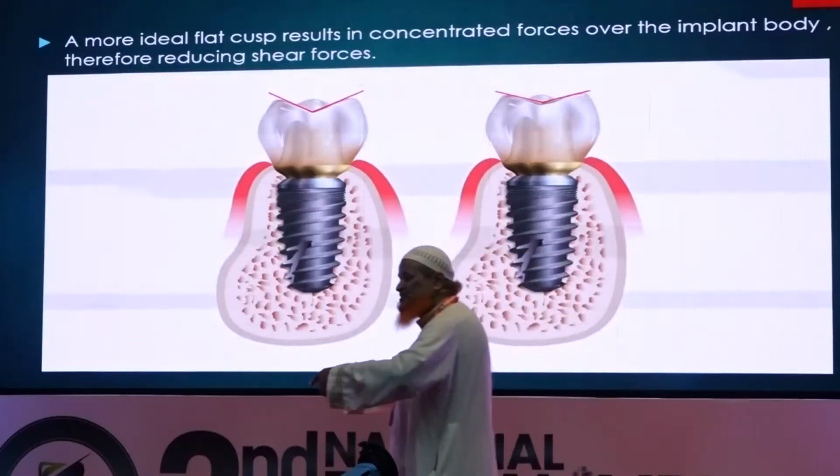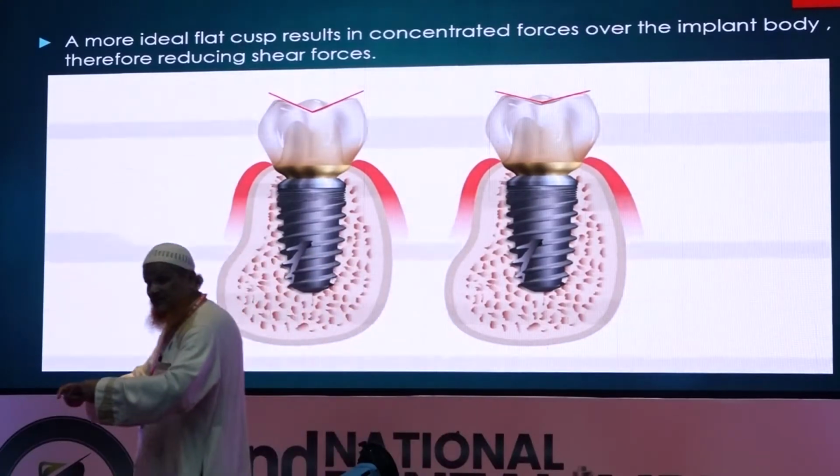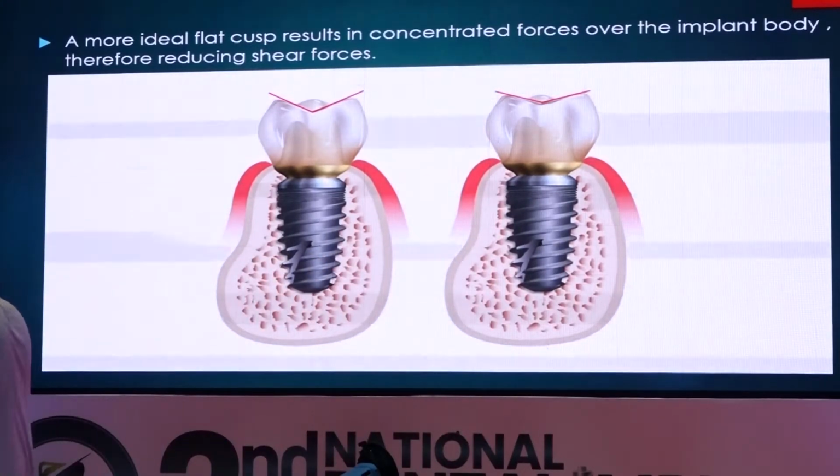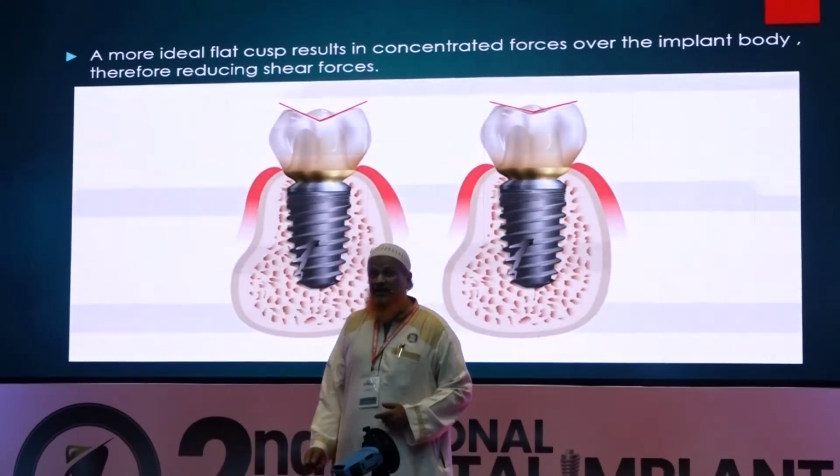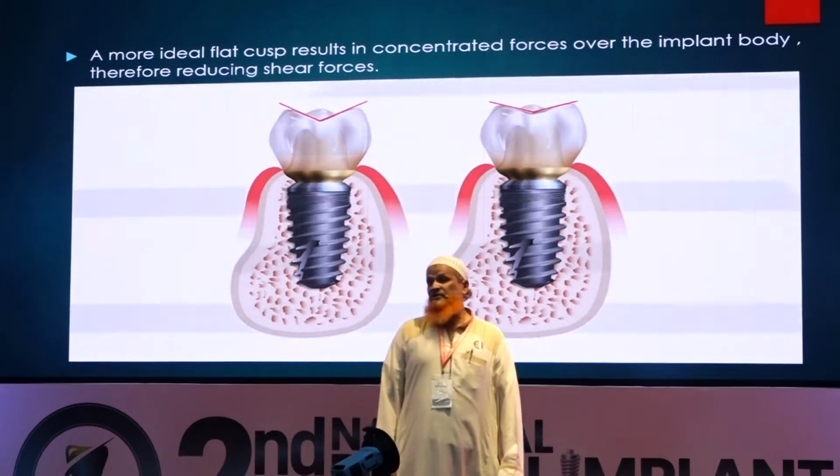Can you believe it? So reduction of the crown will reduce the occlusal load by 60 to 70%, and reduction of the cuspal inclination by 10 degrees will reduce the occlusal load by 30%.